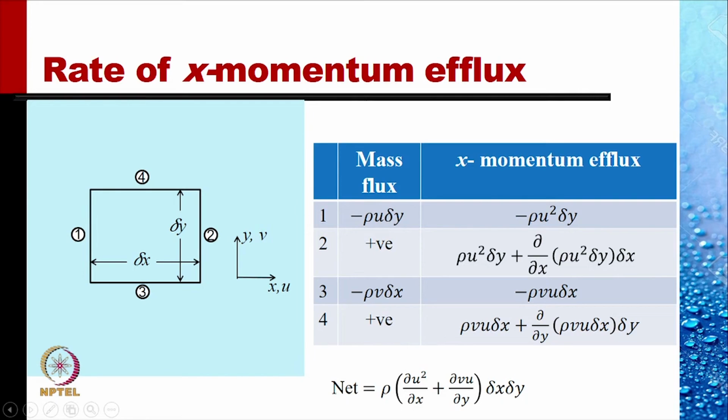Putting it all together, the net efflux is then simply rho times del u square by del x plus del vu by del y into delta x delta y.